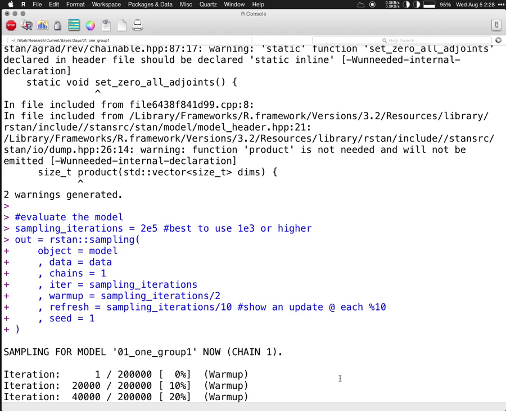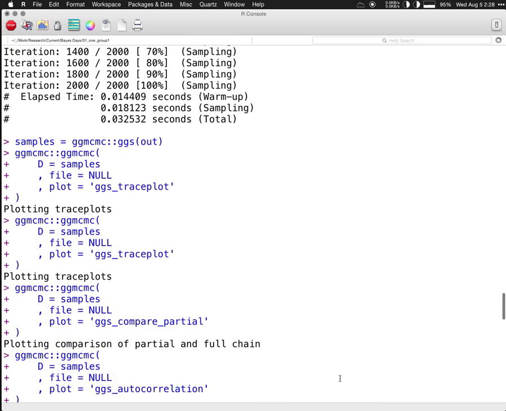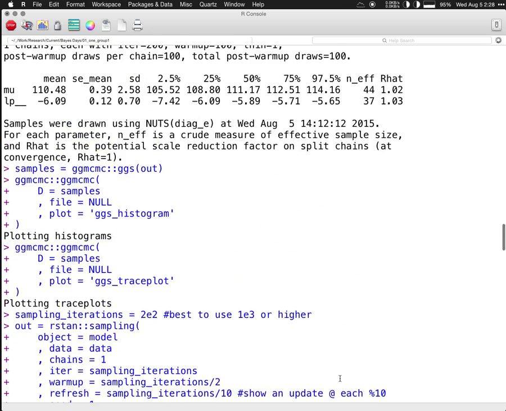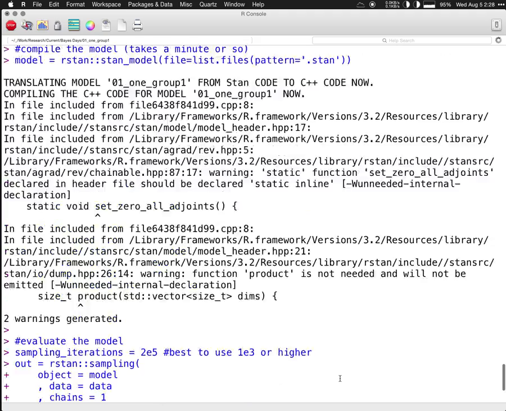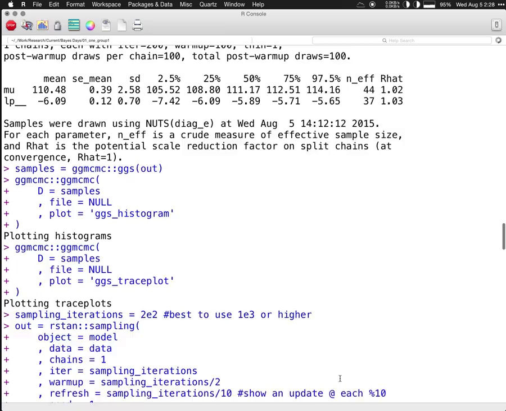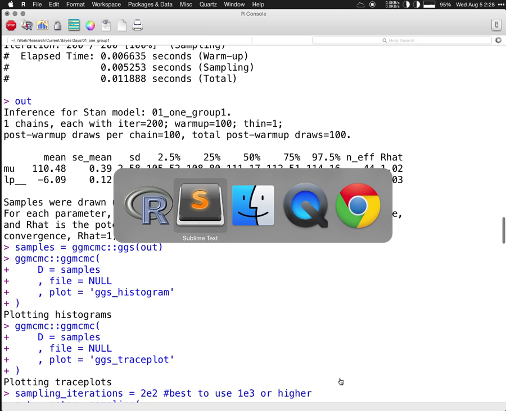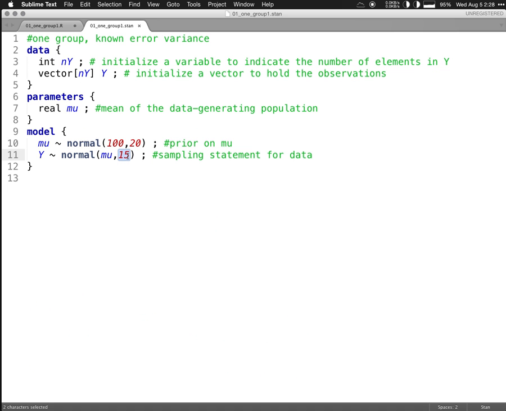So in the output, it's going to pull me back down, I think. Yeah. So in the output here, you see there's a column called SD. That's the standard deviation of your beliefs. It's not the standard deviation that's right here.